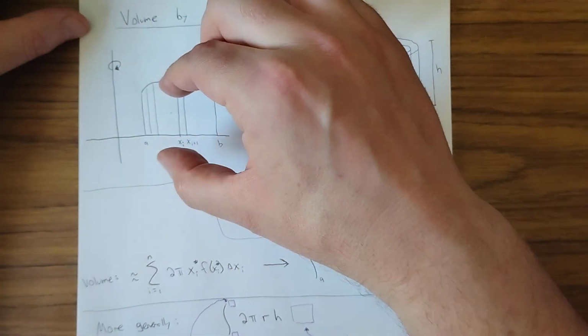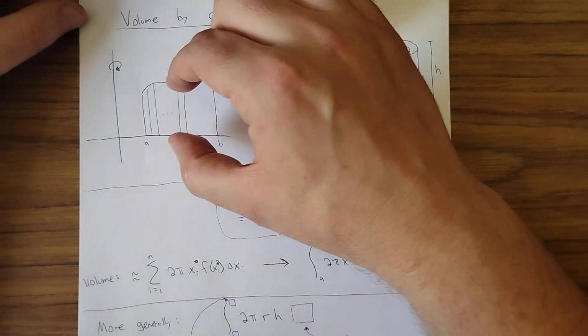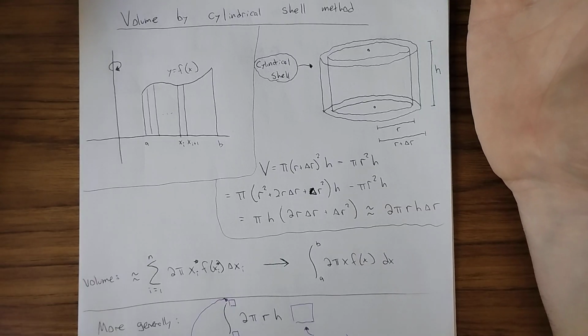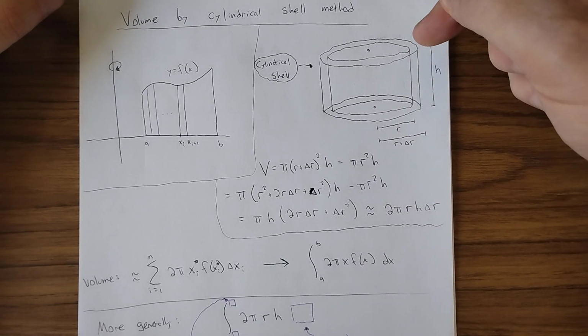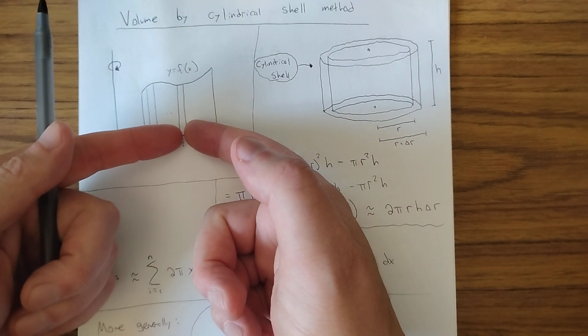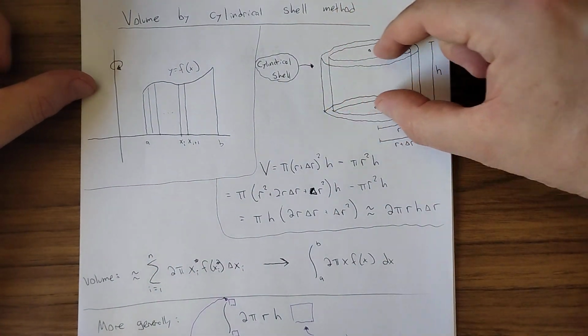And spin it around this line, and if you can visualize what my fingers are doing, it's going to make a cylinder shape, or more precisely, because this does have some width, I'm trying to draw it pretty skinny, but it has some width, it's going to make a shape like this.